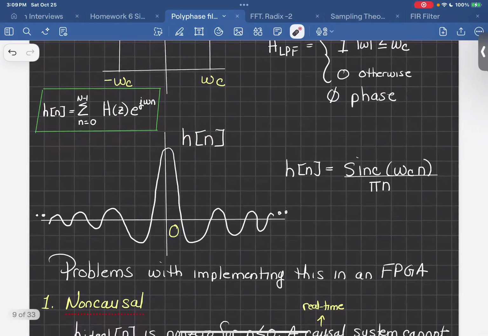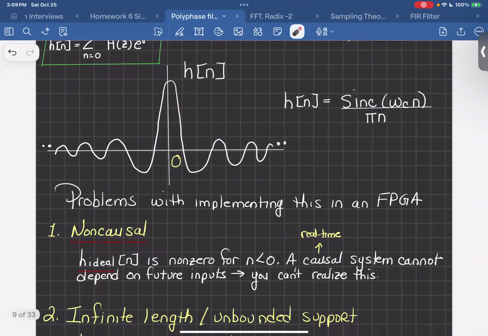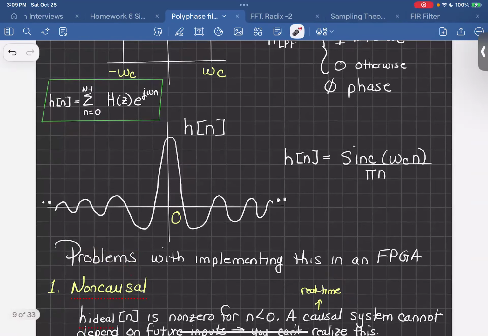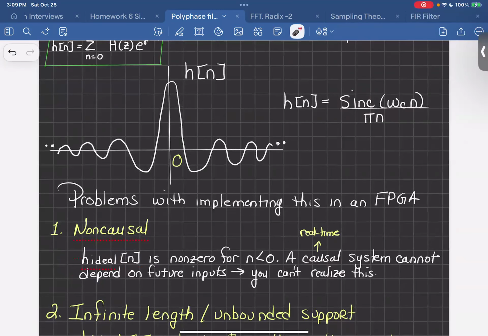And we're like, yay, I want this ideal filter. And now our h of n is equal to the sinc, sin of omega C n over pi n. This is the impulse response of our ideal frequency response. And we're like, yes, this is what I want. I want the ideal. I want the perfect thing.